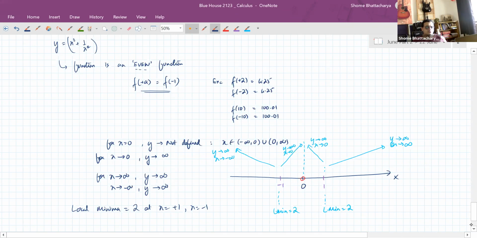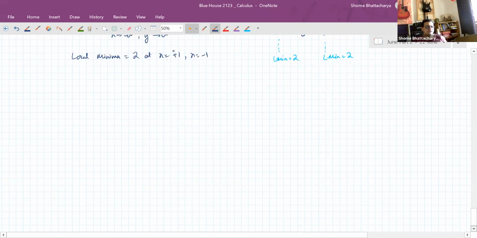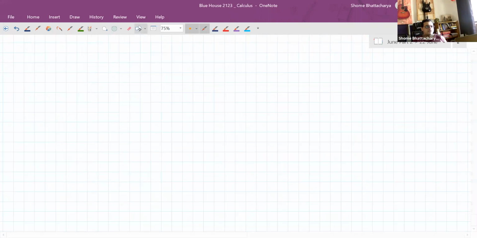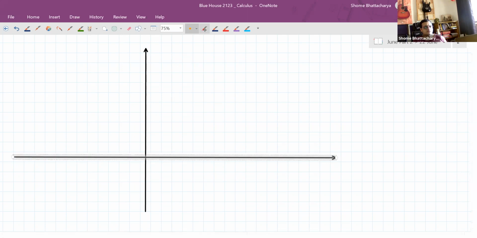Local minima, there are these 2 points. Local maxima does not exist. So that will be the complete detailed workup about the function. So you realize that the function has a very symmetric kind of graph because it has that property of being even. That is, the value of the function at any positive x is the same as its value at the corresponding negative coordinate. So the graph of the function will look something like this.